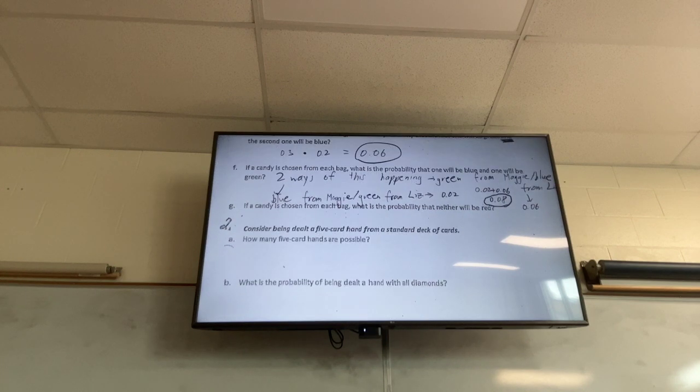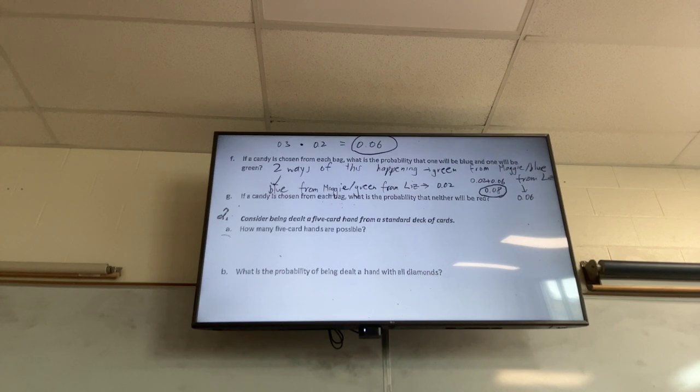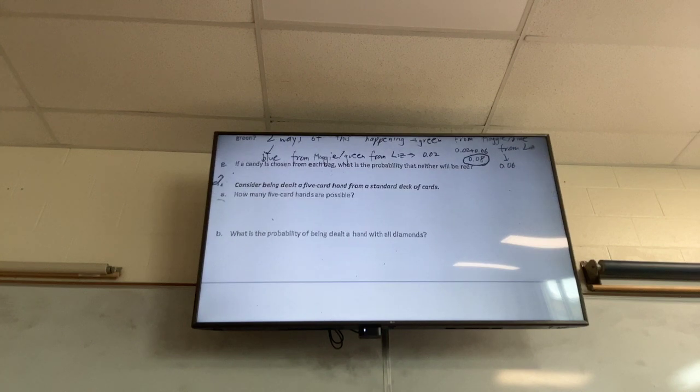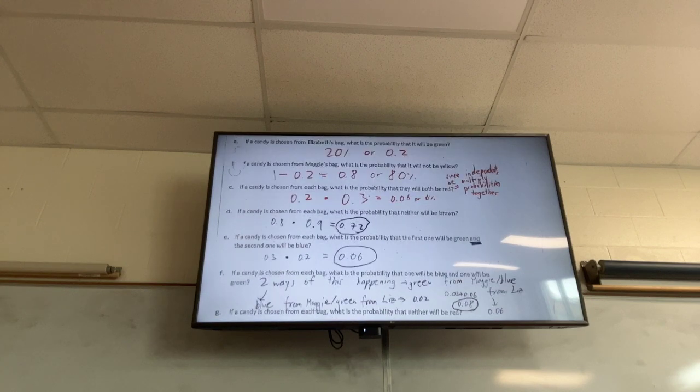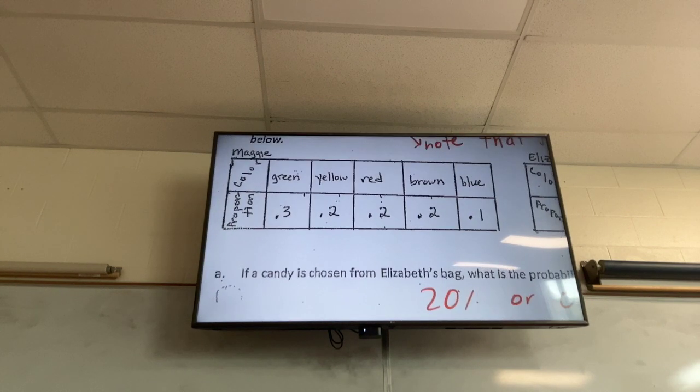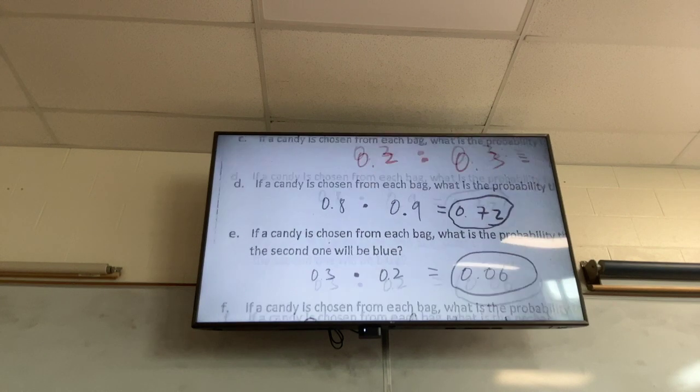If a candy is chosen from each bag, what's the probability that neither will be red? Okay, so we need the probability of pulling a non-red from the first bag and a non-red from the second bag, right? What's the probability of getting a non-red from Maggie's bag? Anything but a red, 0.8.